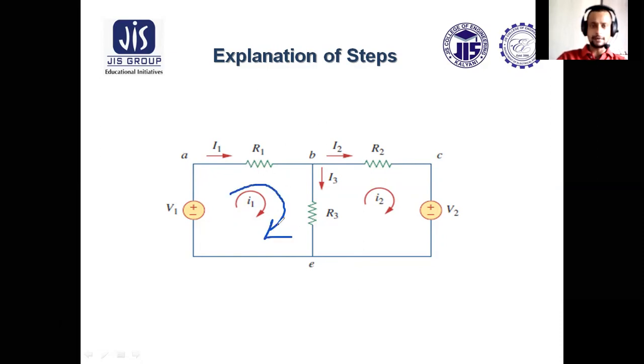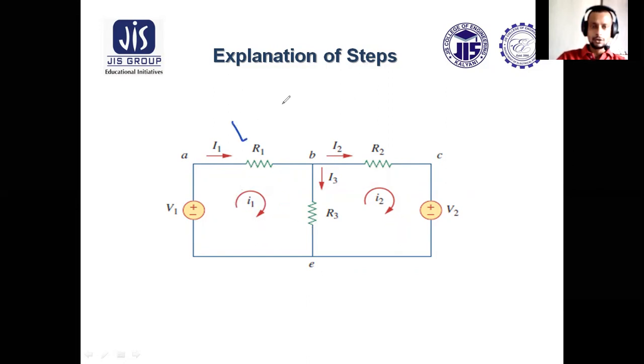Next step, step 2, is to assume loop currents in each loop or each mesh. For your better understanding, as I said, you always consider clockwise direction of loop currents. There are 2 loops.